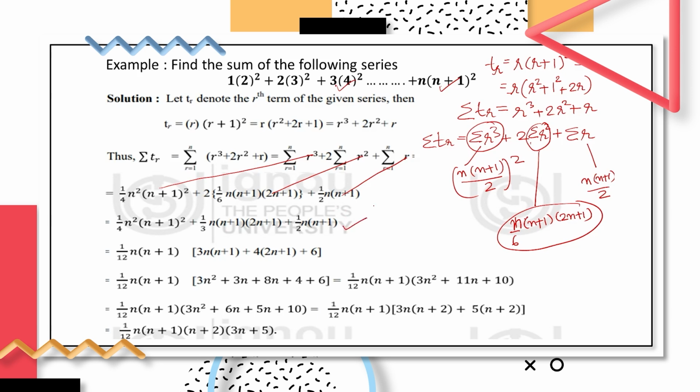By solving this expression as it is shown over here, following these steps one by one, you will finally find that the final solution is 1 by 12 n into n plus 1 into n plus 2 into 3n plus 5. So, just follow the steps as discussed over here and you will be able to find the sum of the series.